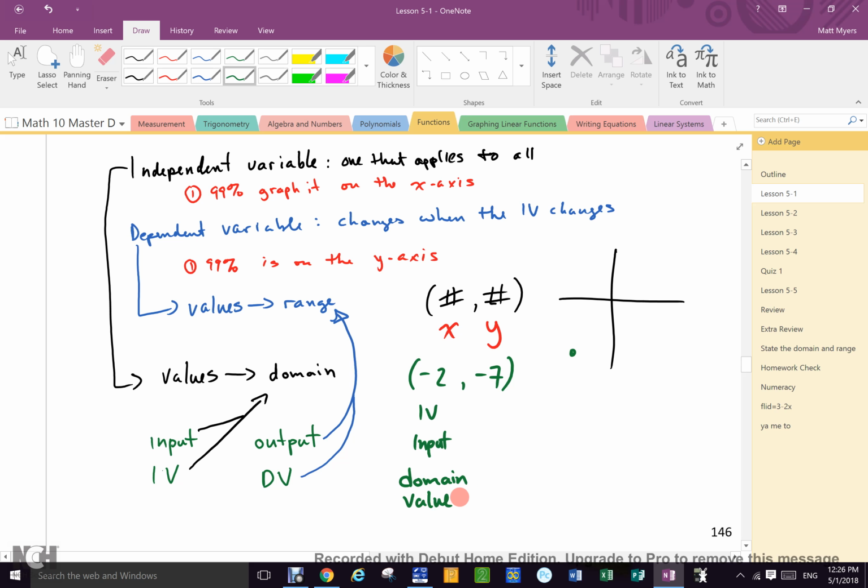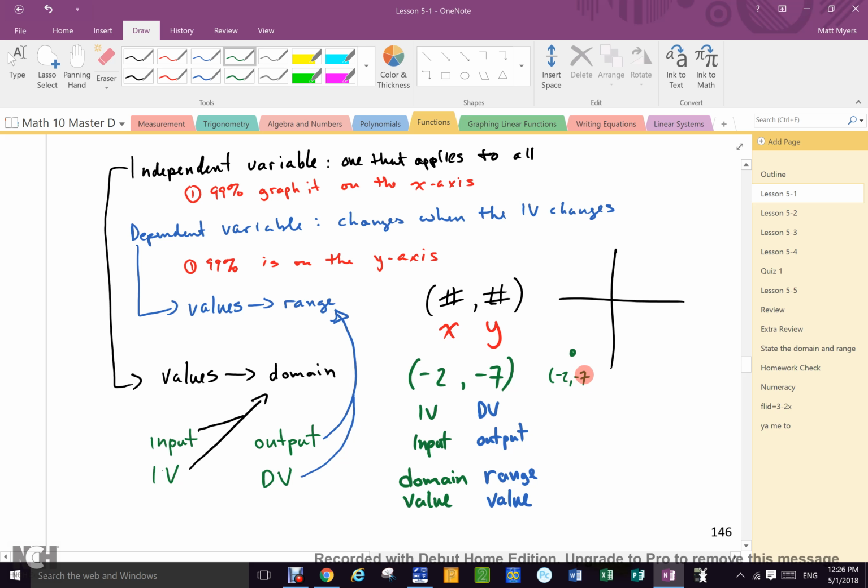Everybody understand? Which means 7 must be what? My dependent variable, my output, and my range value. Everybody good? Okay. That is -2, -7.